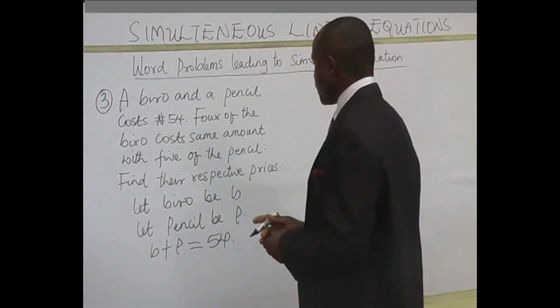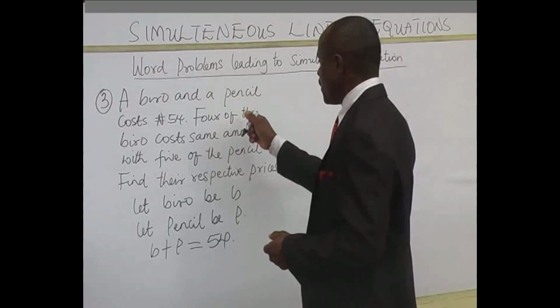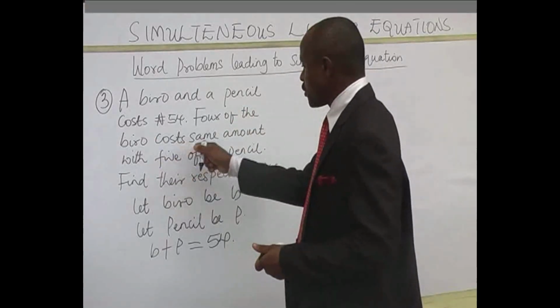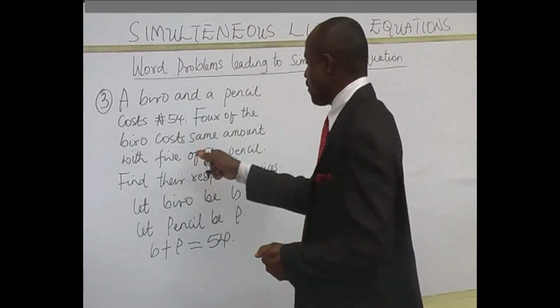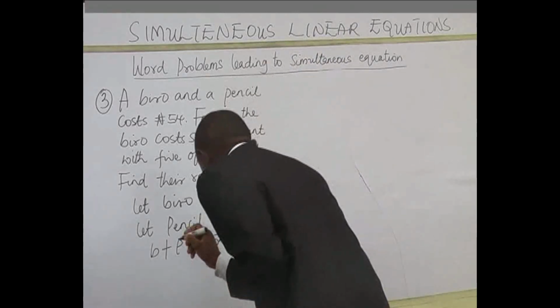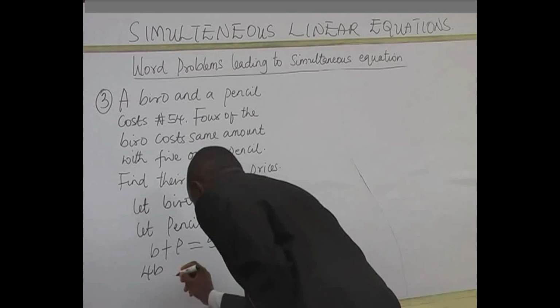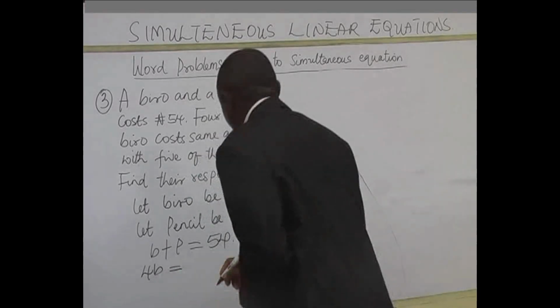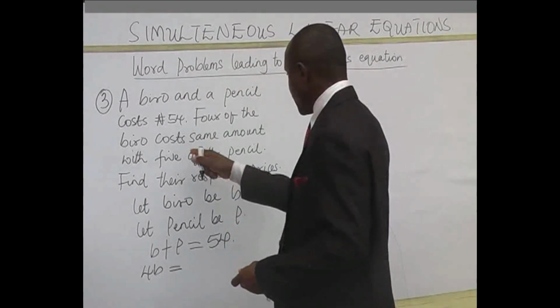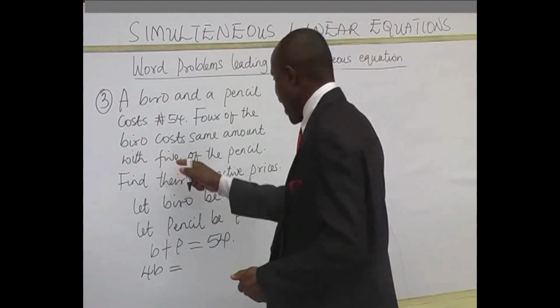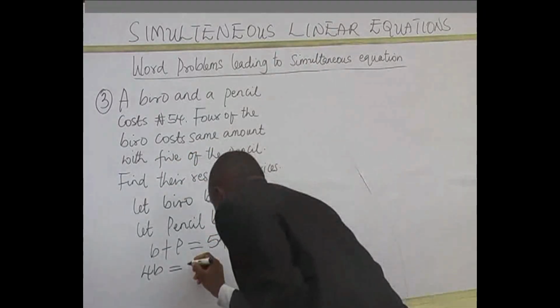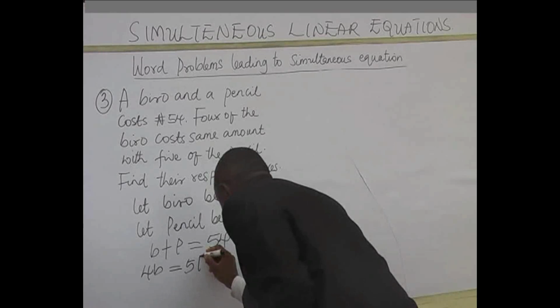Second sentence says 4 of the biro cost same amount with 5 of the pencil. 4 biro, 4B, is equal to the same amount with 5 pencils, 5P.